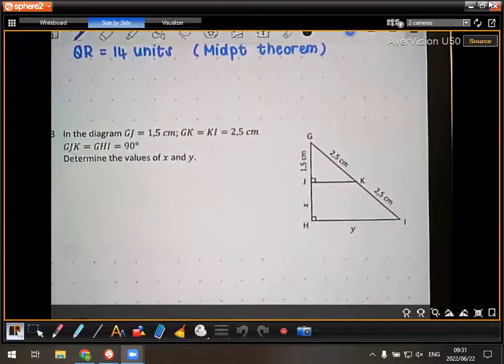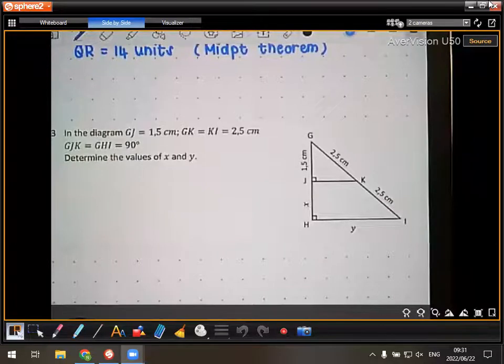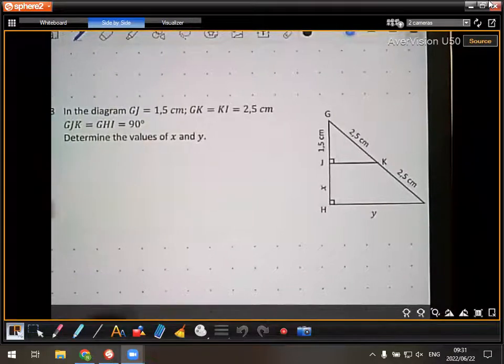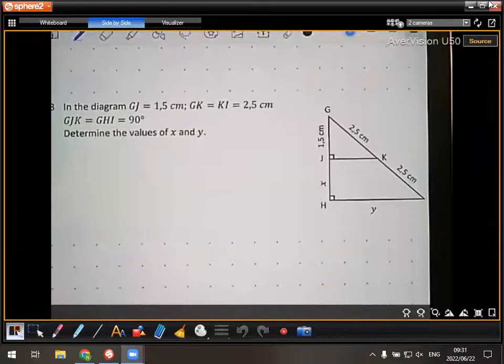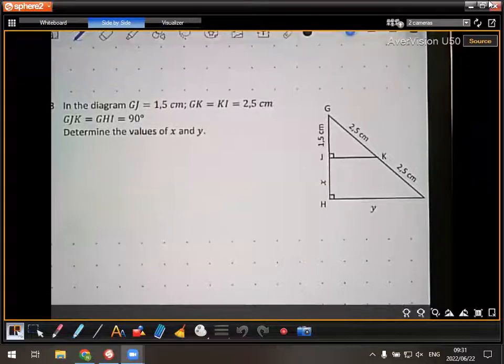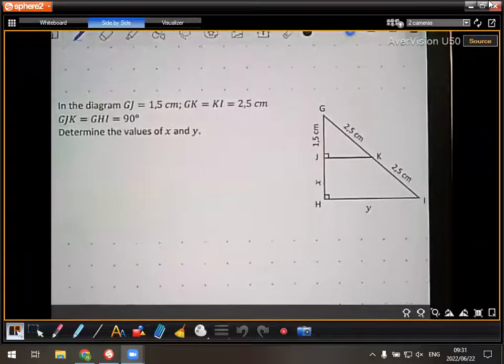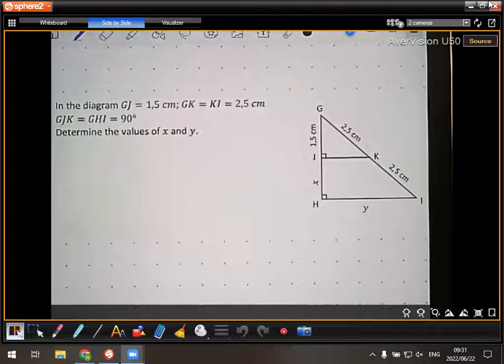That is example 3. That point there at the end is an I, in case you guys can't see that, but at the bottom right corner of the triangle there is point I.